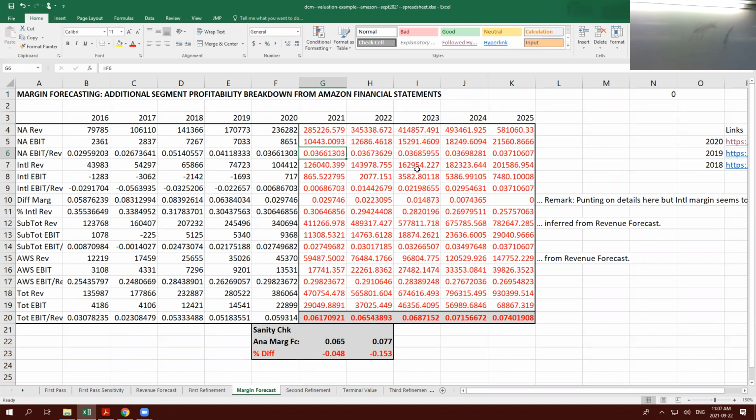And then I get margins for AWS off of the information that Amazon disclosed in their financial statement. If Amazon hadn't disclosed it, I would have to do more work: find an industry report on margins, or look at comparables that are more pure plays in the industry.